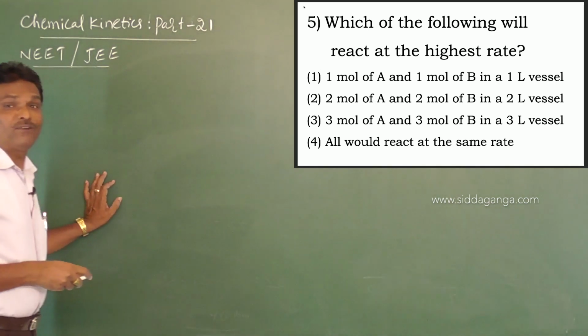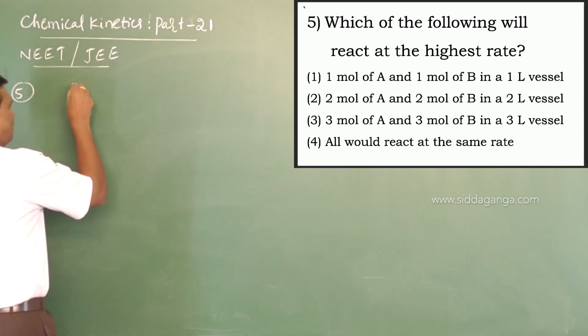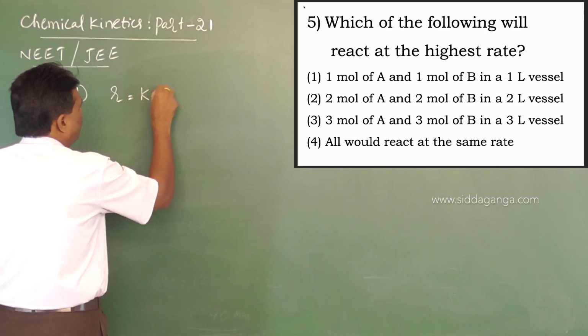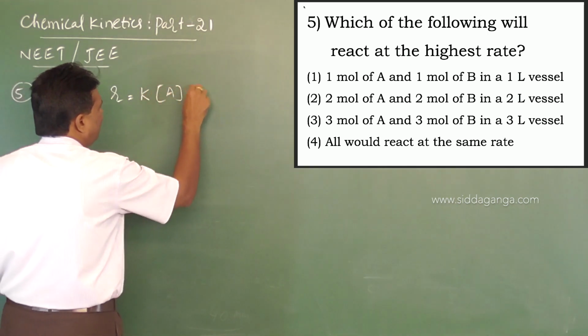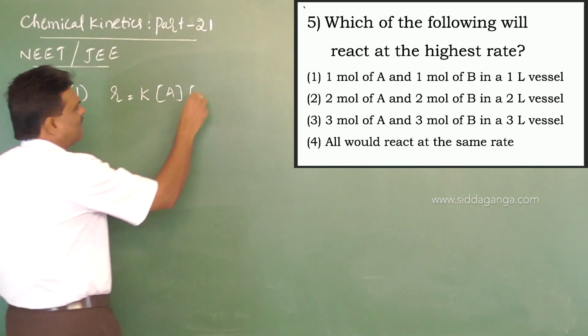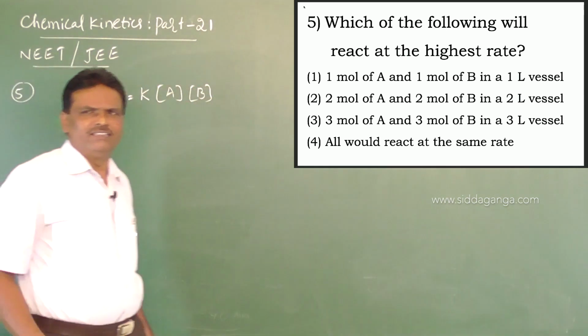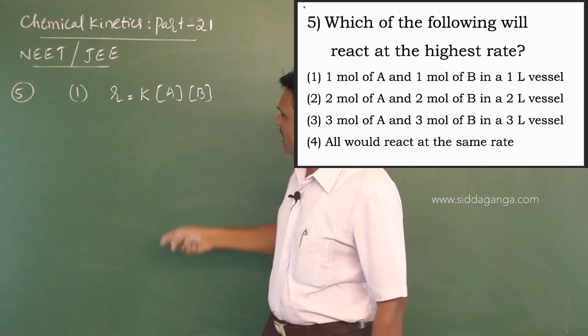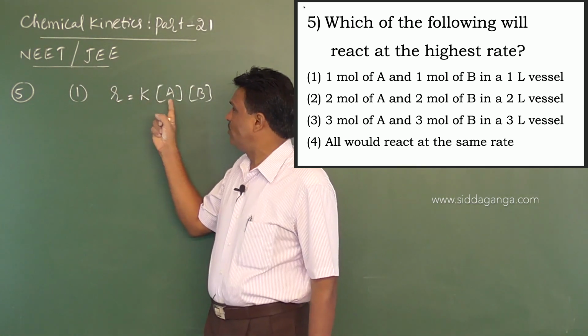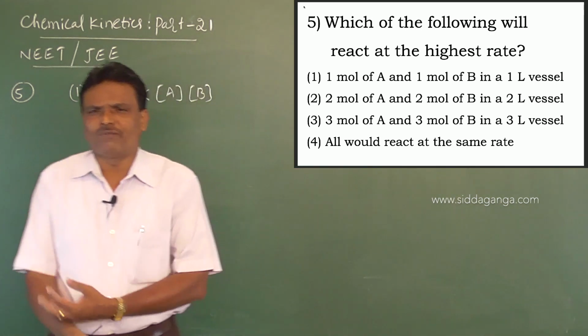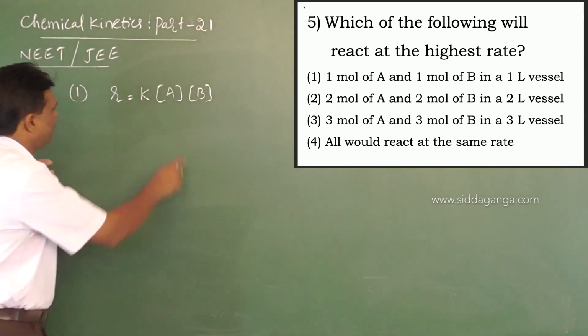Look, for the first option, the rate is equal to K into the molar concentration of A into the molar concentration of B. There are 2 reactants, so the rate law is R equal to K into the molar concentration of A into B. The amount of A taken is 1 mole per liter.